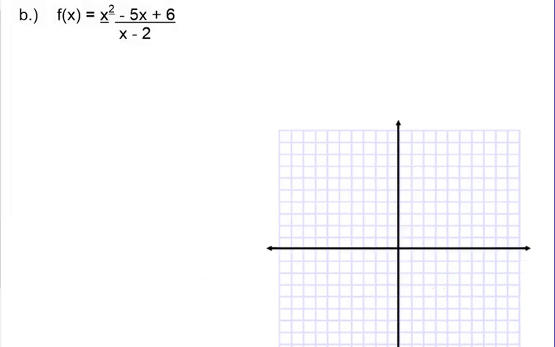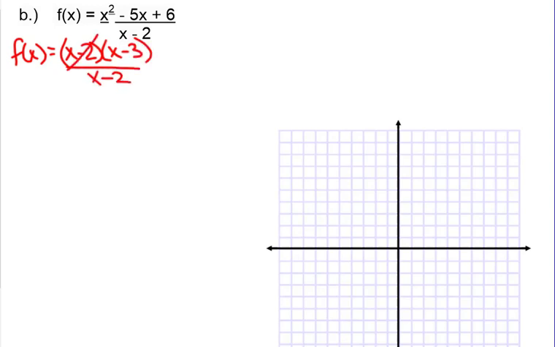So B, we've got x squared subtract 5x plus 6 over x subtract 2. First step is we are going to factor. So we have f of x is equal to x subtract 2, x subtract 3 over x subtract 2.